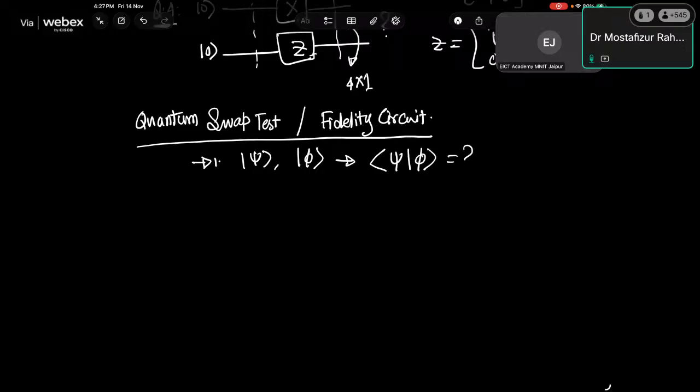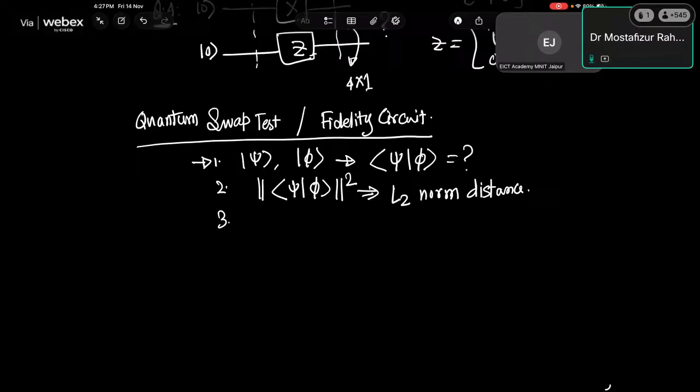Or you may find the distance between them, the square of the inner product of psi and phi, which is basically called the L2 norm. The L2 norm is very common in machine learning literature. Those who study kernel methods need to do the dot product between two feature vectors and take the square, the L2 norm distance.